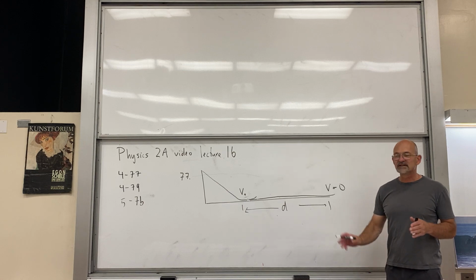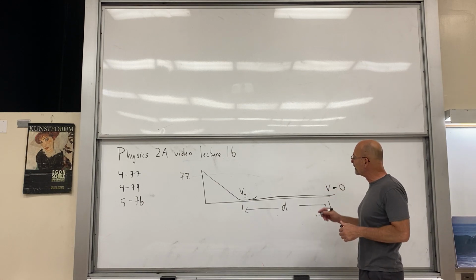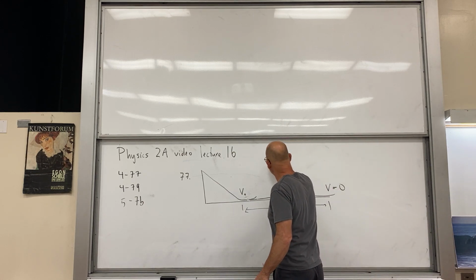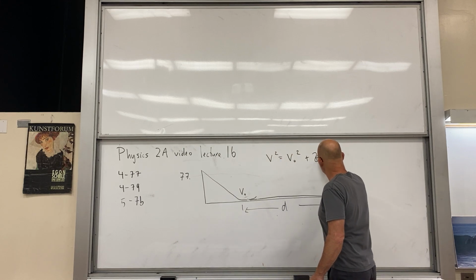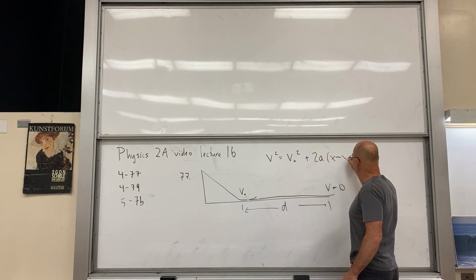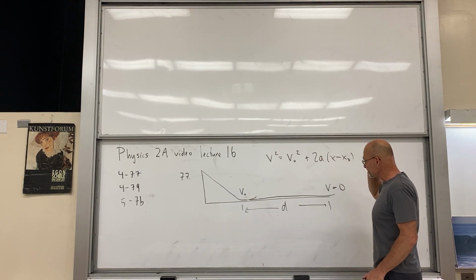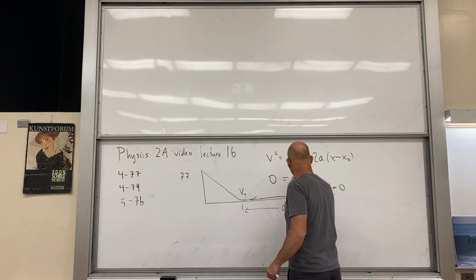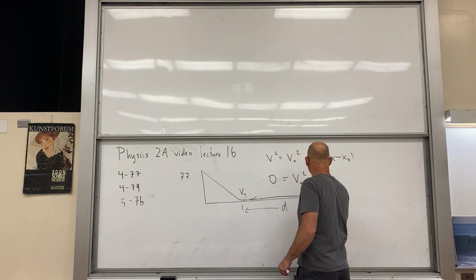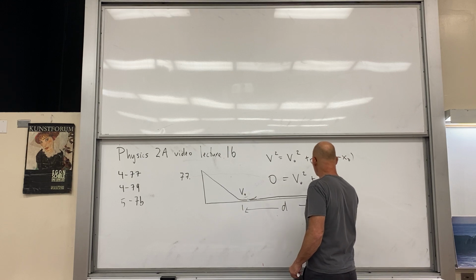We're assuming constant acceleration as we slow down. So the formula we use will be V squared equals V0 squared plus 2 acceleration times x minus x0. With our symbols here, we will have 0 equals V0 squared plus 2 times A times D.